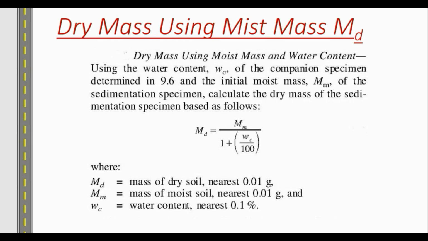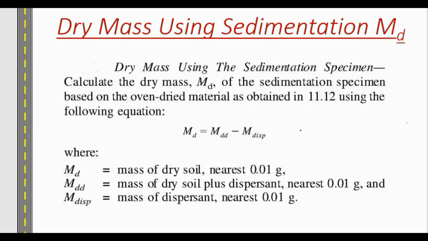For that purpose we have the equation. On that basis we will calculate the dry mass using moist mass and water content. This is because we are using moist preparation sample and we have to calculate the dry mass. For this purpose we will use this equation. If we are using dry mass method, then we will use this equation.